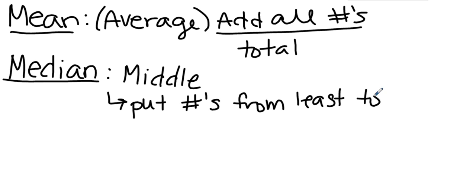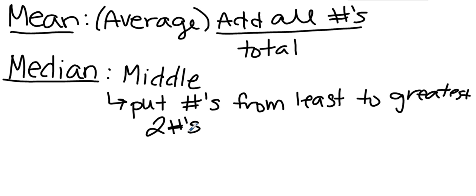And then you're just going to mark off so you get the middle. If you have two numbers in the middle, you add, and then you divide by 2.